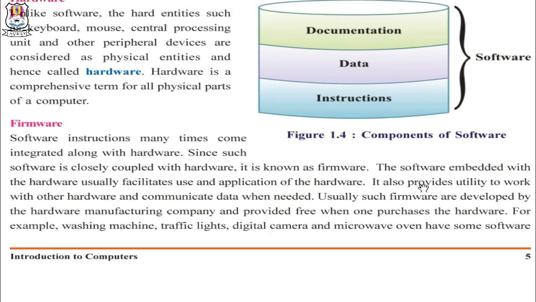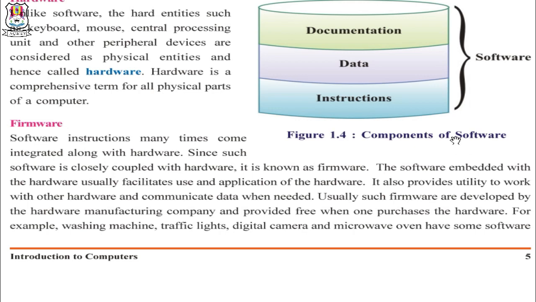Firmware. Software instructions many times come integrated along with hardware. Since such software is closely coupled with hardware, it is known as firmware. The software embedded with the hardware usually facilitates use and applications of the hardware.